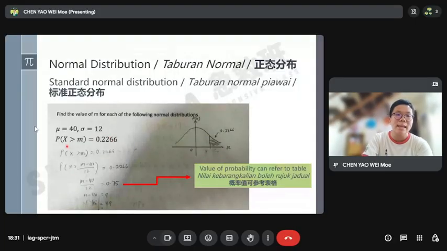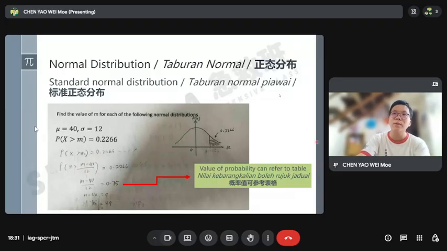We need to standardize the probability distribution. Z larger than m minus 14, divide by 12, because we have the value here. And by looking at the table, we can find our final answer here.